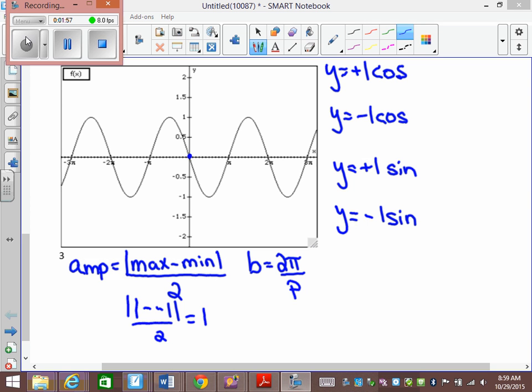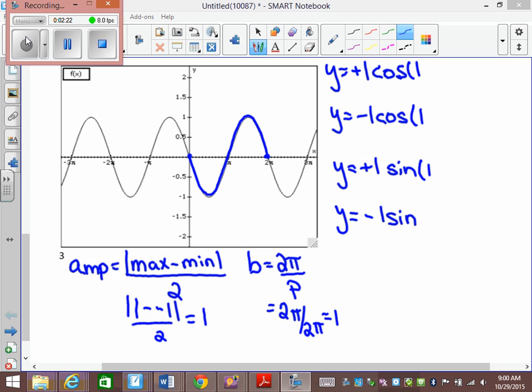The easiest one looks like going down to the min, back up to the max, back down to that same spot. So it is 2 pi. So my b value for this graph is 1. So it's 1 for all of them, right? You don't find the b or the amplitude any differently no matter which one of these you're finding.